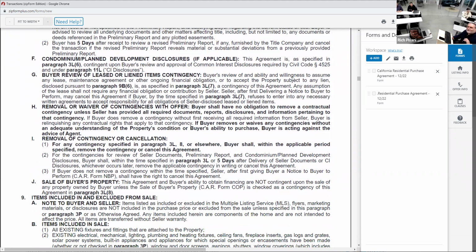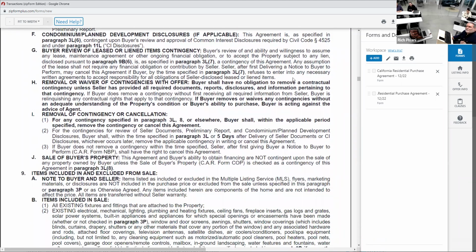It talks about reviewing lease or lien items, and removal or waiver of contingency. Buyer shall have no obligation to remove a contractual contingency unless seller has provided all required documents, reports, disclosures, and information pertaining to that contingency. So if you haven't gotten the HOA docs, there are agents who say, here's the removal of all contingencies, your buyer needs to sign it.